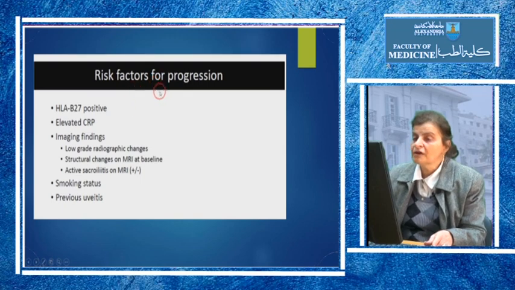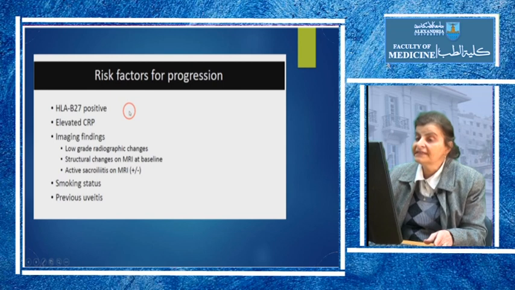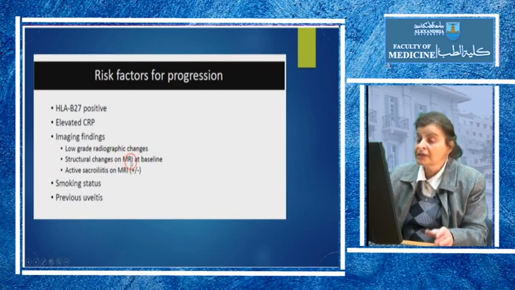If your patient has a strong genetic predisposition, if he is HLA-B27 positive, if he has inflammatory markers, particularly elevated CRP, if on the imaging you find low-grade structural changes on the magnetic resonance imaging even at baseline, and active sacroiliitis on the MRI, these are all risk factors for progression, as is smoking status.